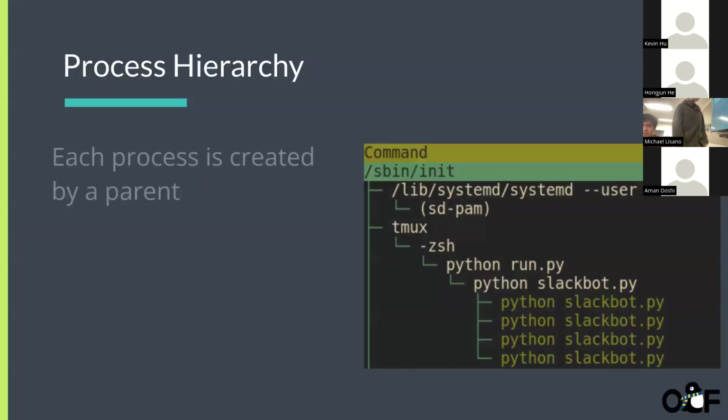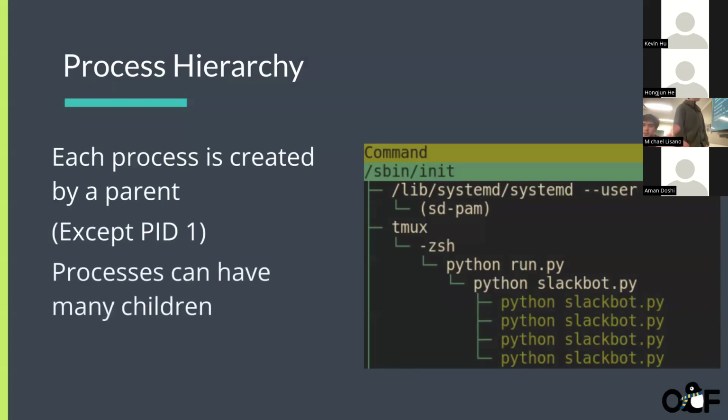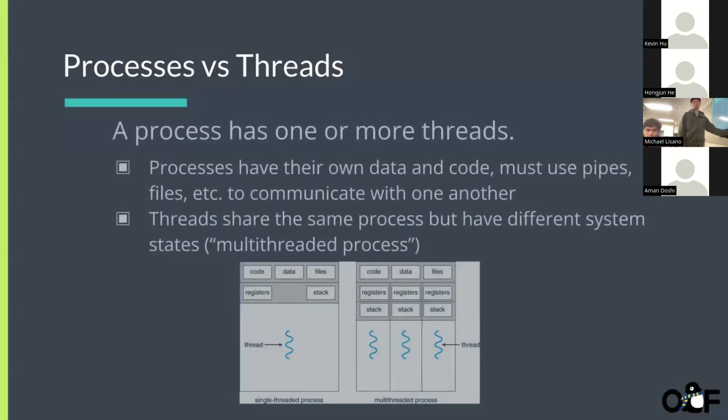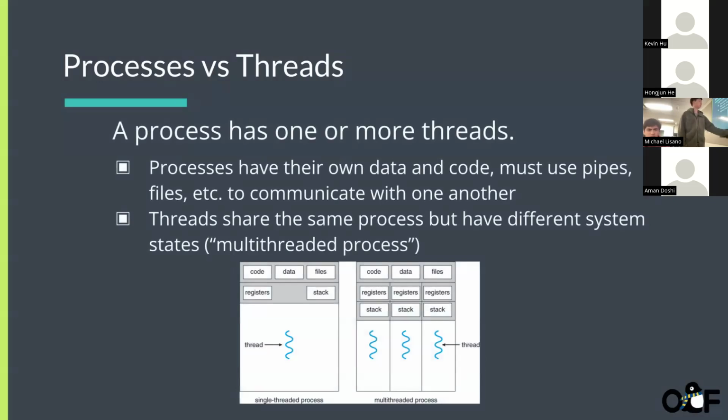The fact there's a tree, I think you can infer that there are parent processes. There's PPID, so you can get the ID of your parent process. If you kill the parent process, you have an orphaned process. I guess we'll get that later. So a process can start threads.